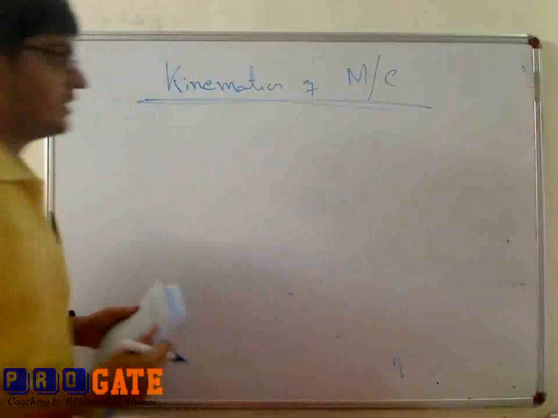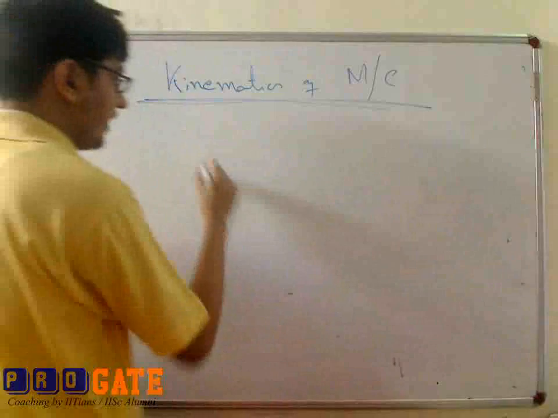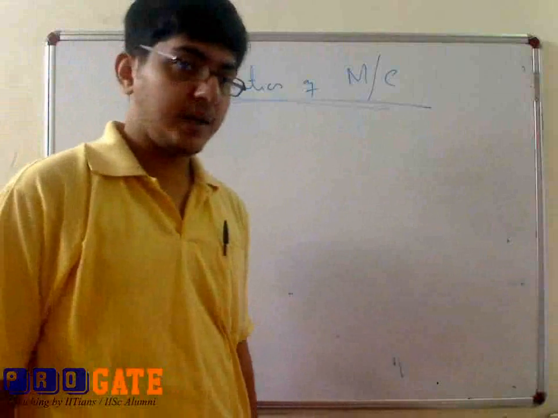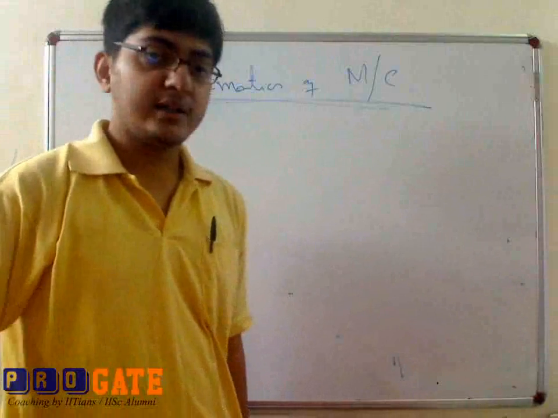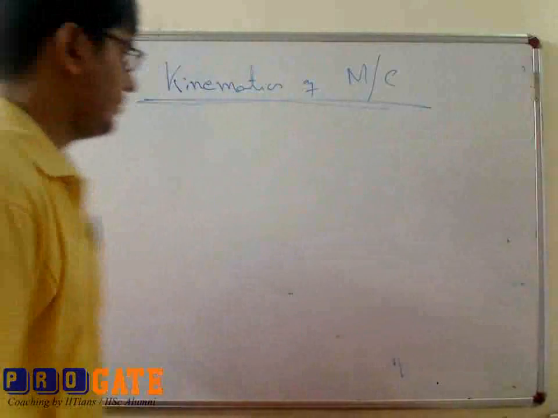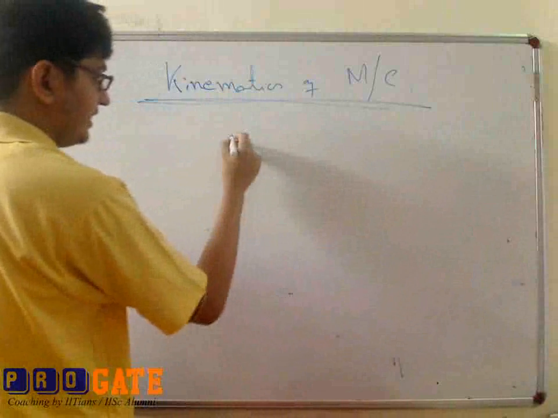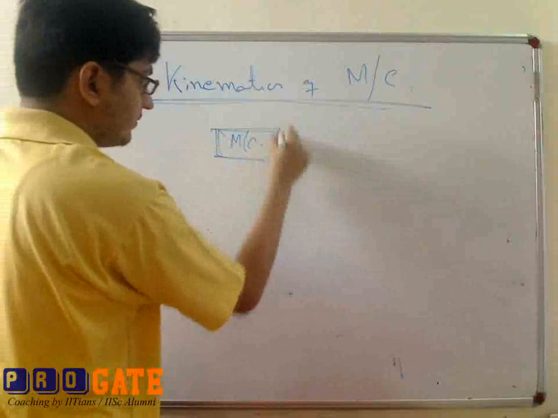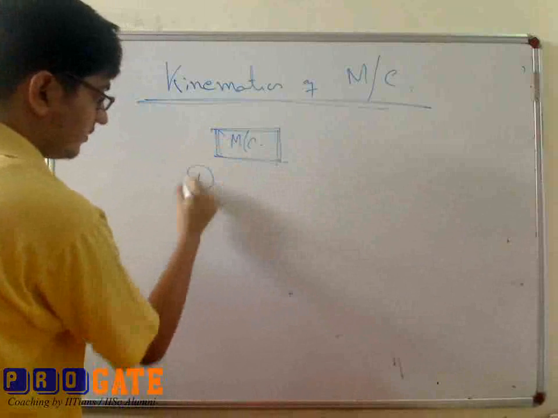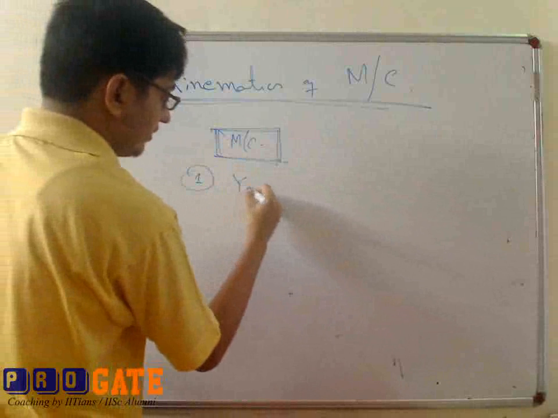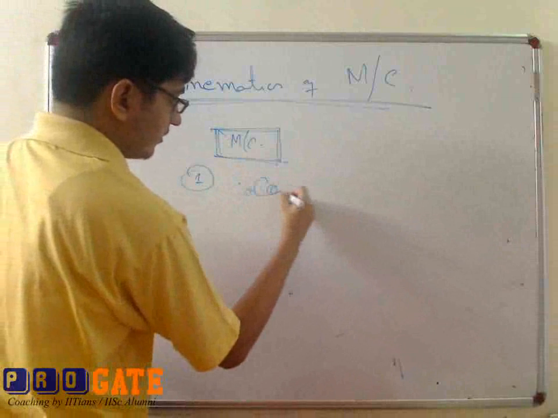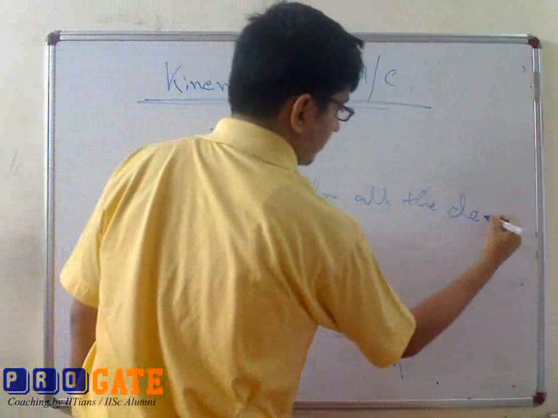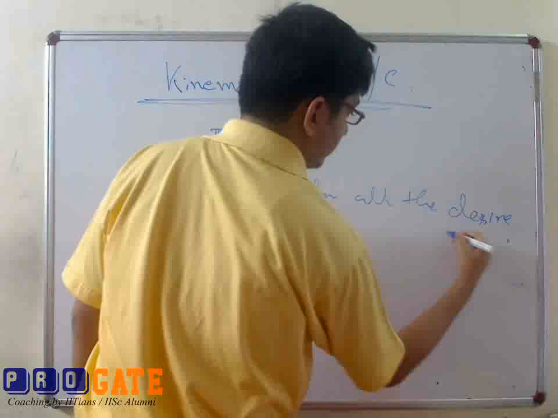In this topic, we will study how to define a machine and mechanism, the definition of lower pair, higher pair, and other relevant definitions. Basically, if you want to design a machine, at first you need to consider all the desired motion.